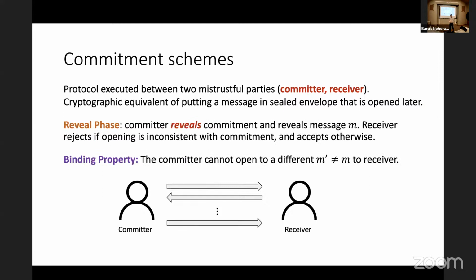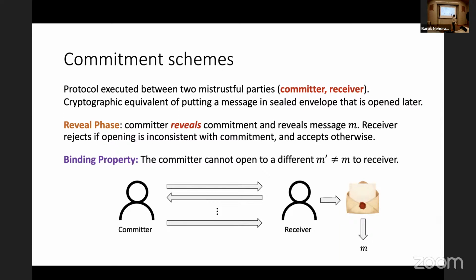In the second phase, the committer will then reveal the commitment and reveal this message M. The receiver will reject if the opening is inconsistent with the commitment. Otherwise, it accepts. So this is the analog of opening up the sealed envelope.